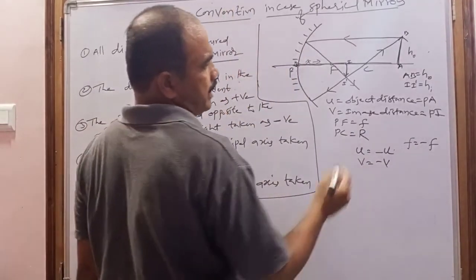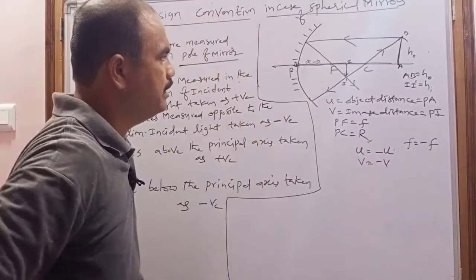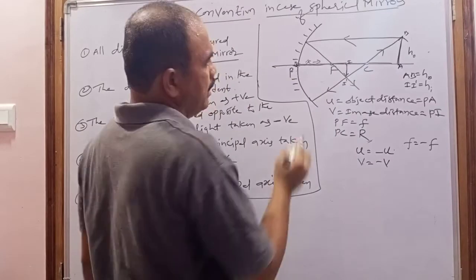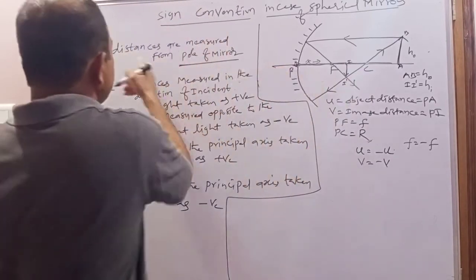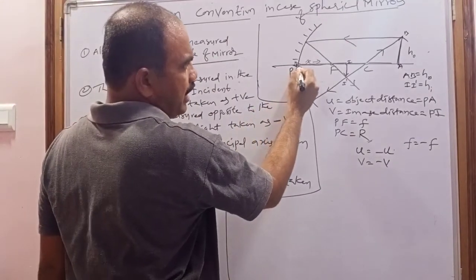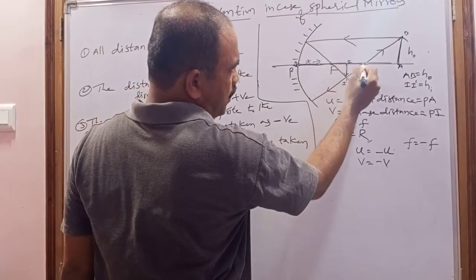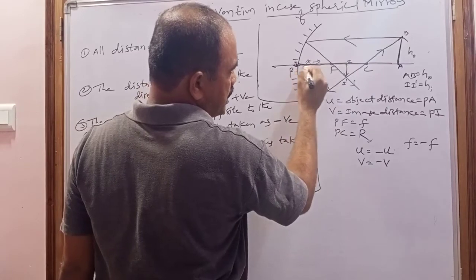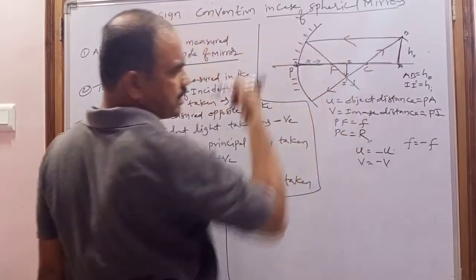And again, to measure the radius of curvature. What is the radius of curvature? The distance between the pole and center of curvature. To measure this PC distance, you start from the pole, since all distances are measured from the pole, and move up to C. In this direction you are moving, but the incident ray is coming from the opposite direction.